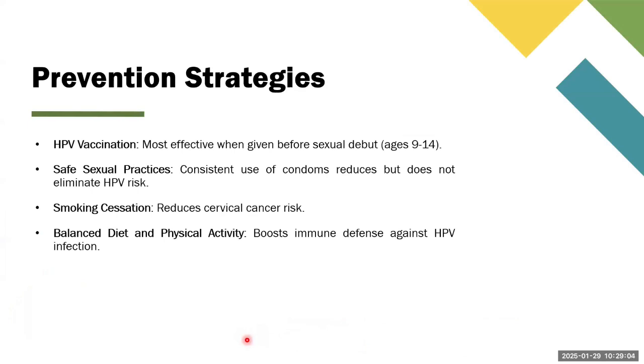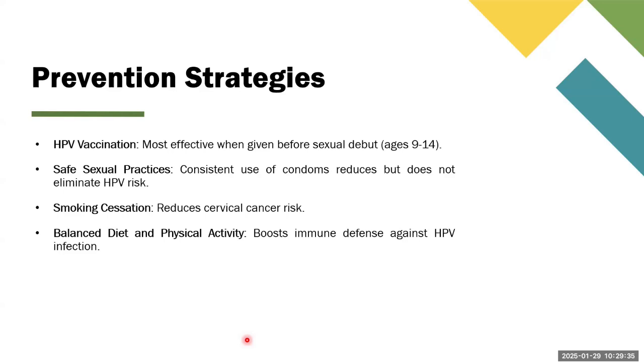What are the preventative strategies that we can deploy to cope with this? Number one is HPV vaccination. Yes, there is a vaccine available for various strains of HPV, but it is usually effective if given as early as possible, even before sexual debut, which means a female who is in puberty but is not sexually active yet.